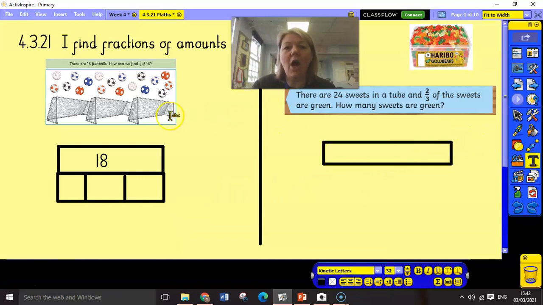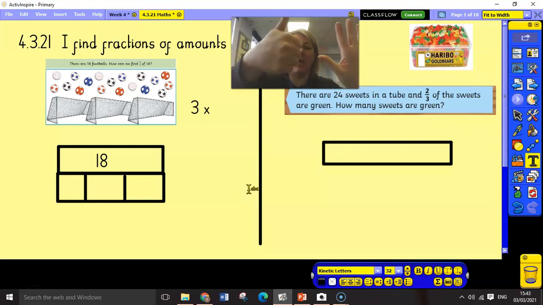Now I know my 3 times table really well. This is why it's important, everybody, that you know those times table facts really well, and those multiplication and division facts that go with them to help you with problems like this. Because I know my 3 times table, I know that 1 3 is 3, 2 3s are 6, 3 3s are 9, 4 3s are 12, 5 3s are 15. I know that 6 3s are 18.